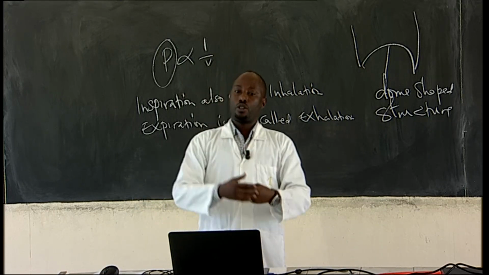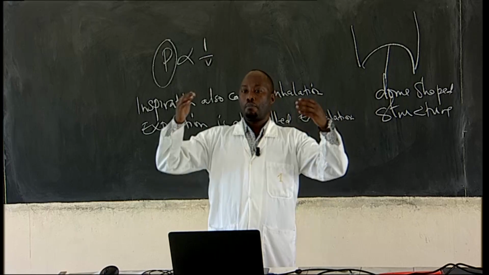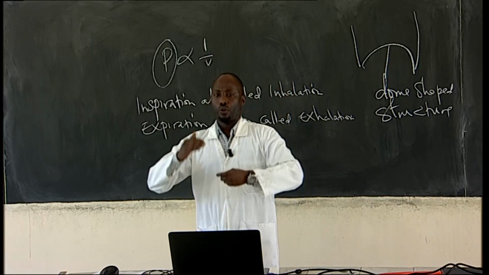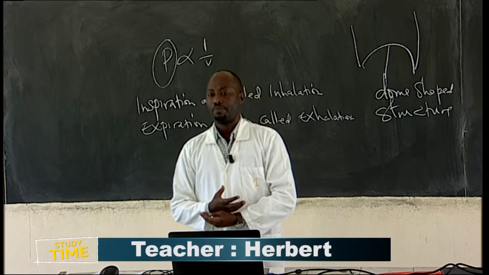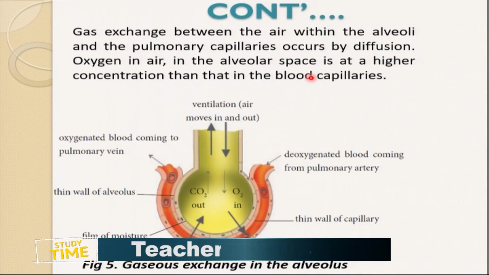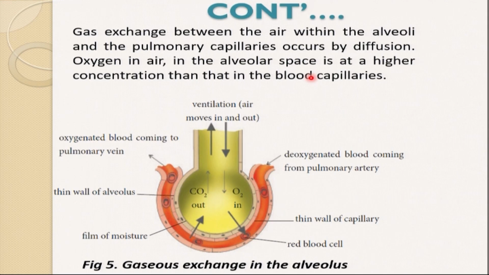All these processes normally occur by diffusion. So we're going to see how oxygen in air enters the alveolar space at a higher concentration than that in the blood capillaries, because in the blood capillaries there is a lower concentration of oxygen. So they have to exchange, the less oxygen with the more oxygen.